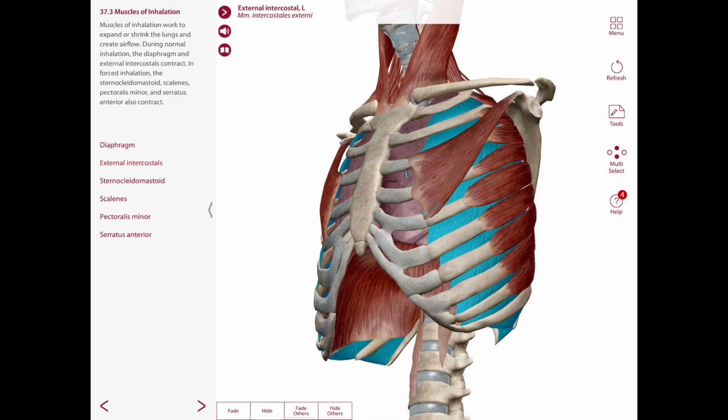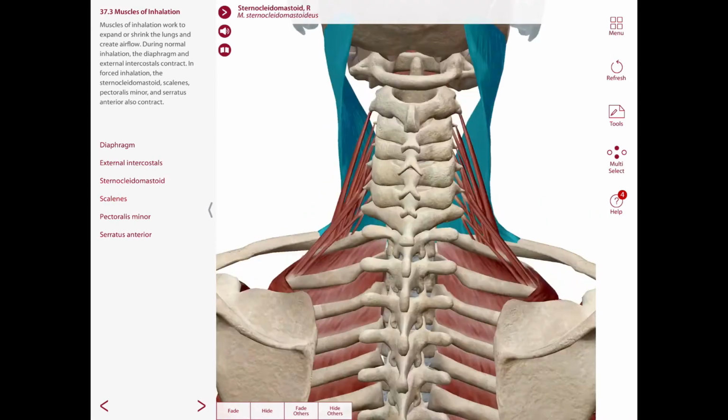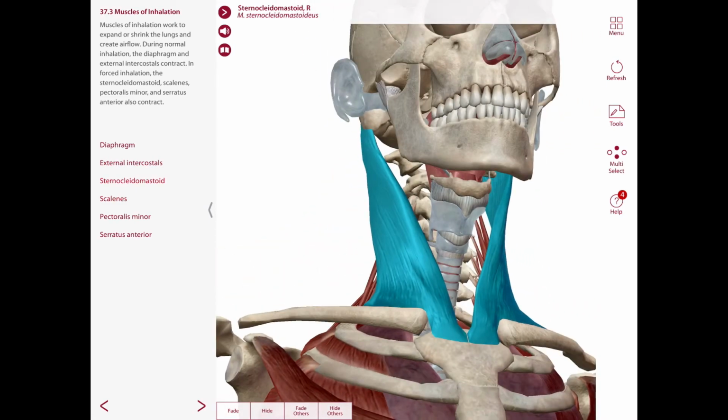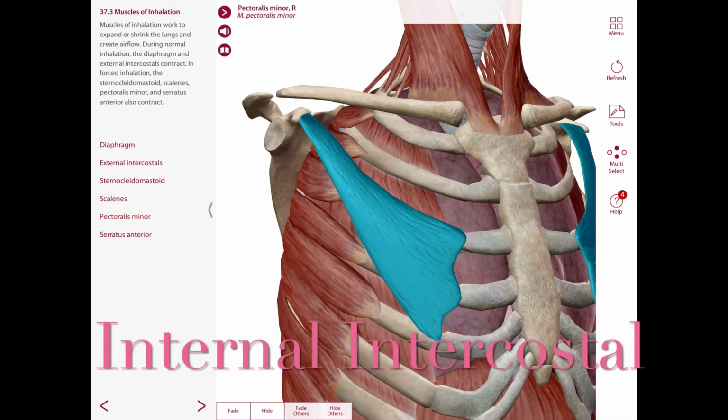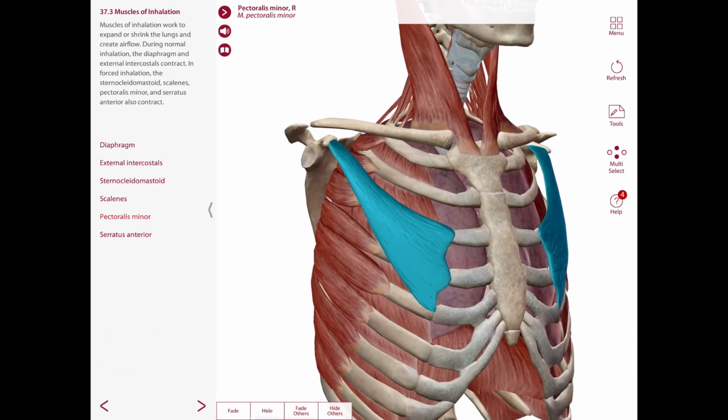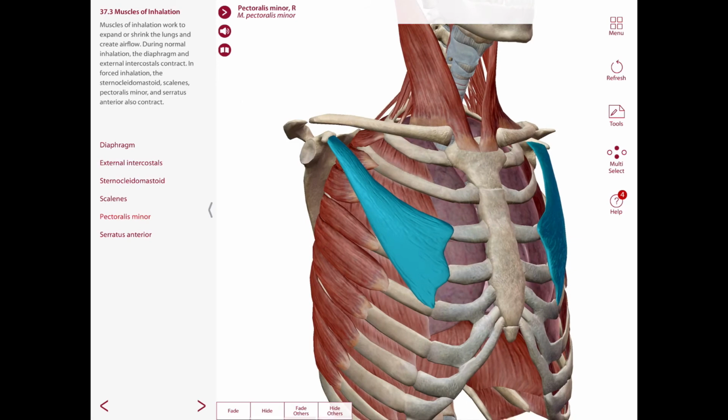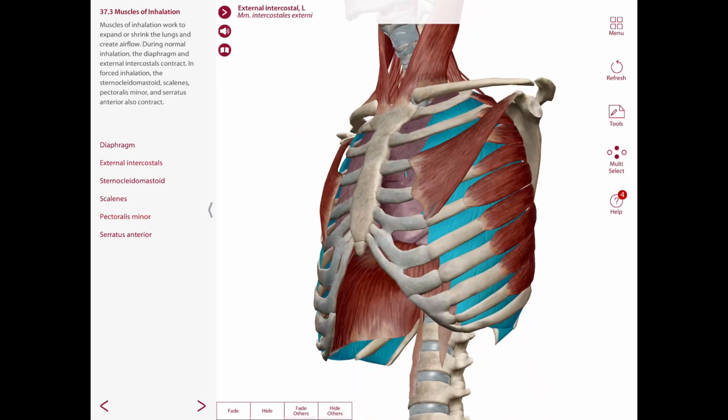We also have other thoracic muscles, including the scalenes, the sternocleidomastoid, and the pectoralis minor, that also participate during forced inhalation. Now, in a forced expiration, the thoracic cavity is compressed further by the contraction of the internal intercostal muscles, which are deep to the external intercostals.